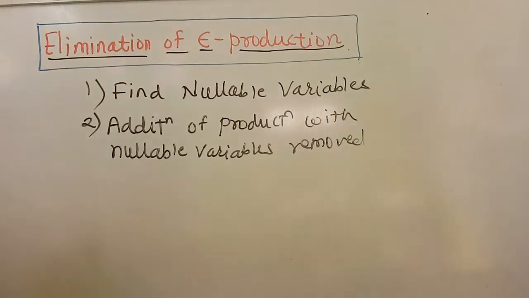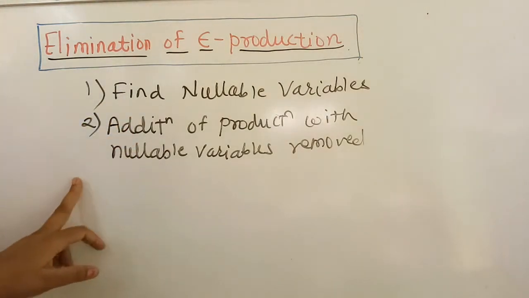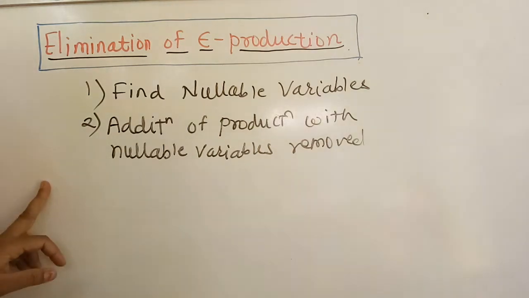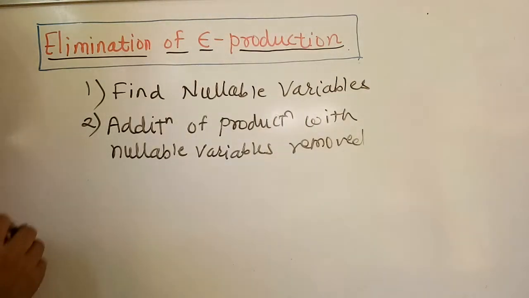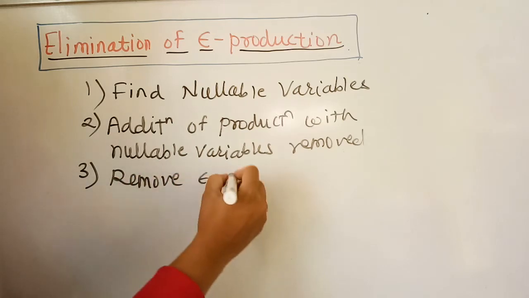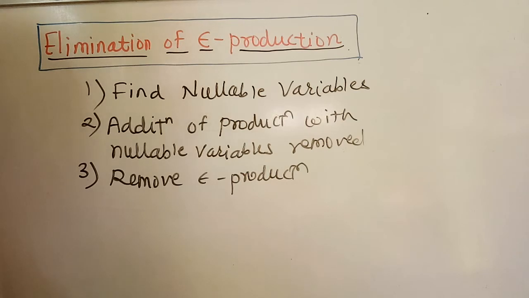Means the first step is to find the nullable variables and the production rules in which they are included. We have to find them and then remove them from our grammar. Then at last, remove the epsilon productions.